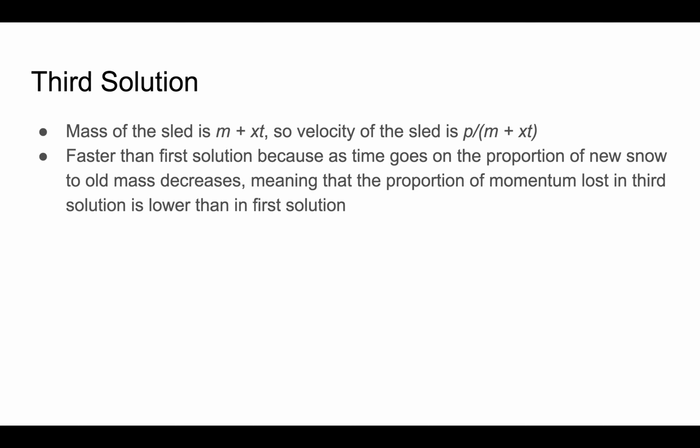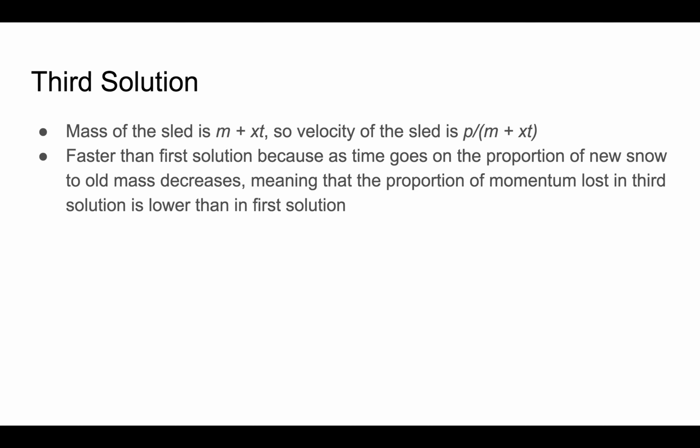Whereas when snow falls on the first sled, it's always the same percentage, m plus x times delta t, where delta t is the time it takes for us to sweep the snow off after it falls. Because of that decreasing percentage, the third solution is faster than the first solution. So the first solution is slower than the third solution, which is slower than the second solution. And if you think about it, in the second solution, from our perspective the sled isn't moving and the ice is moving backwards, right?